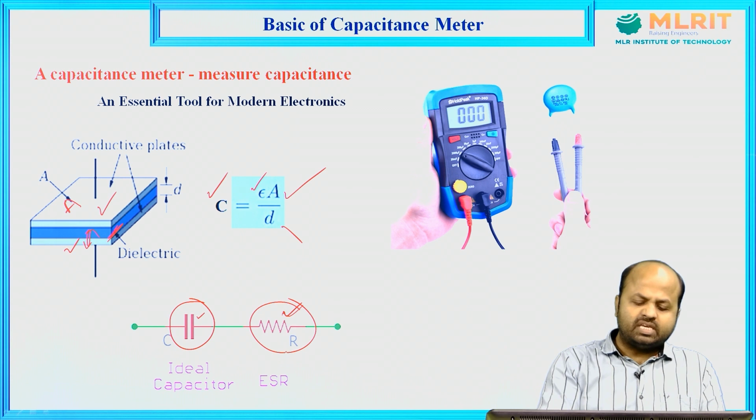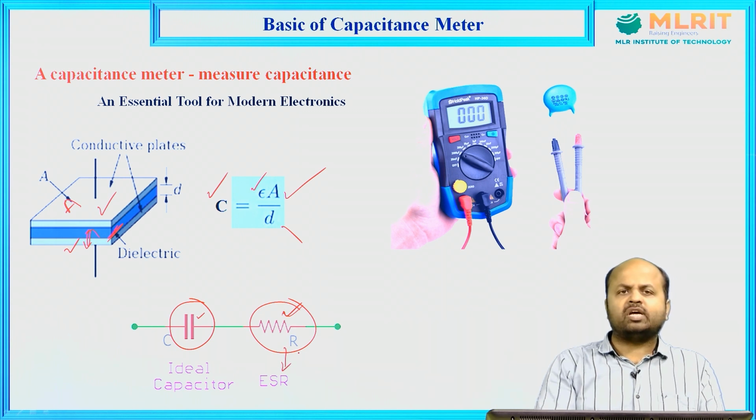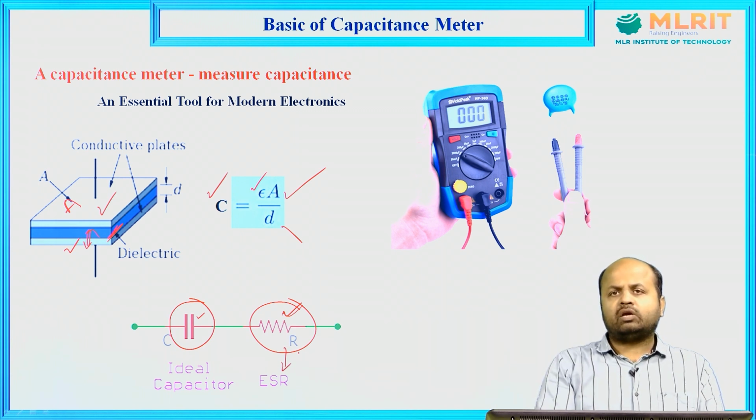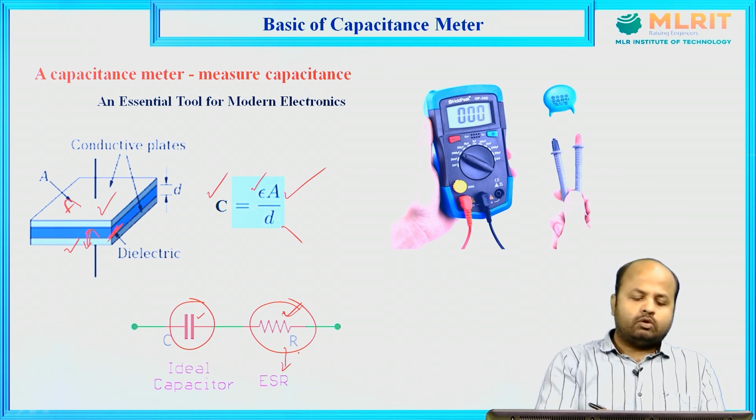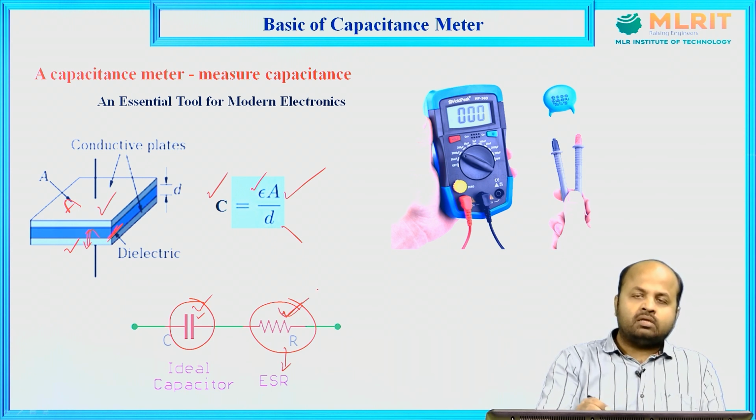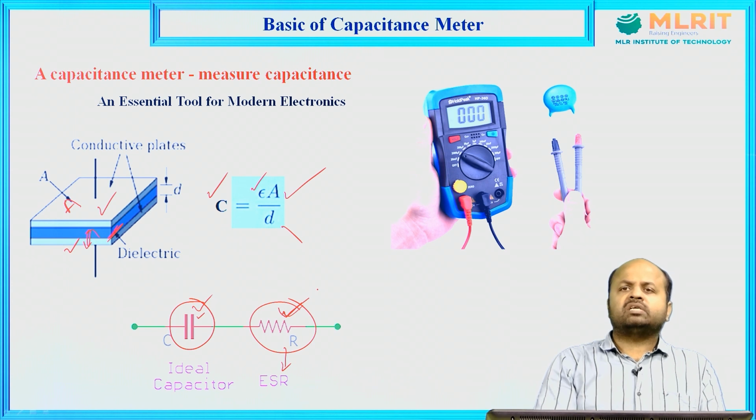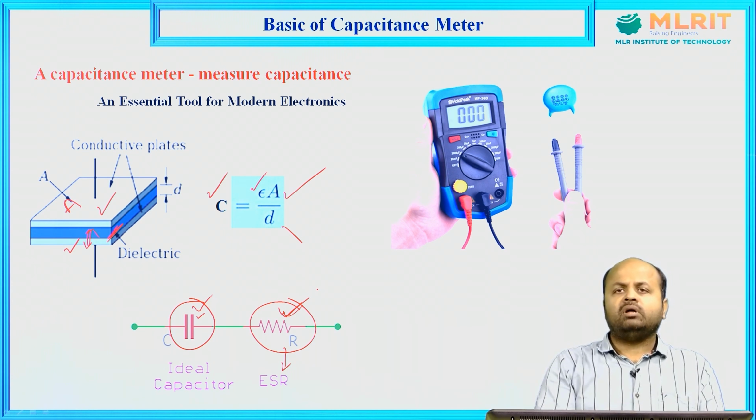This resistor is also known as ESR, the equivalent series resistance of a capacitor. So you always represent a capacitor by parallel plates along with a series resistance R, which represents the internal resistance of the capacitor.